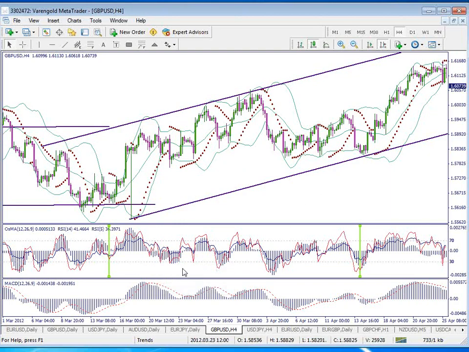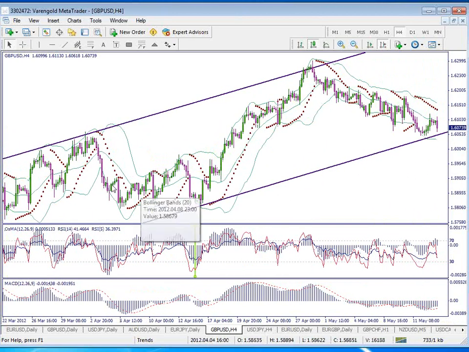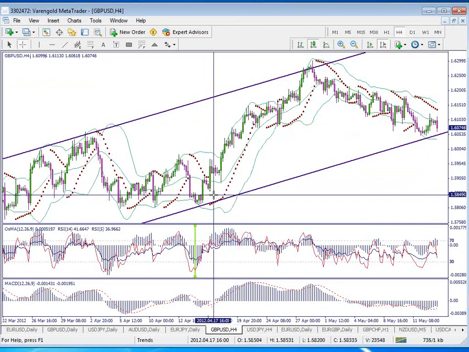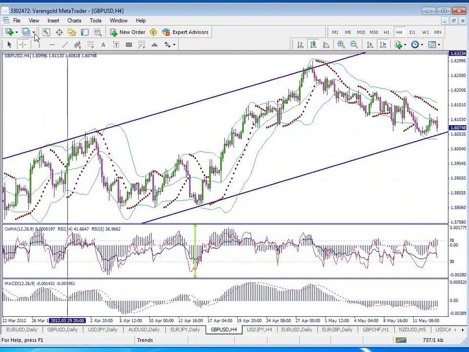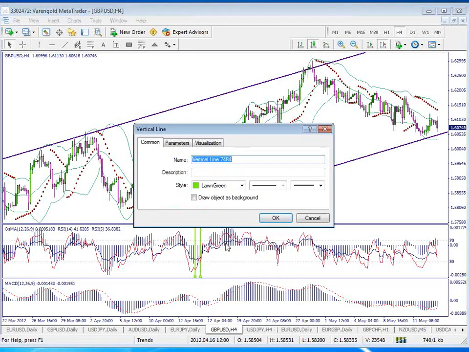So all of those signals will be interesting for me to go into a trade. Here, when I already have one channel, maybe those signals will be interesting for a buy. So here I have a signal on the 4-hour time frame. I will just mark them in another color.